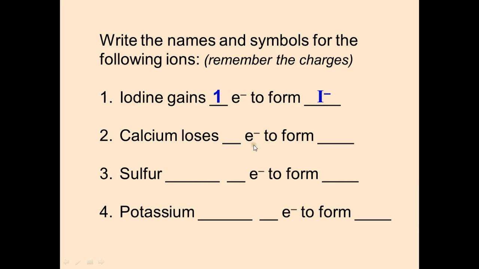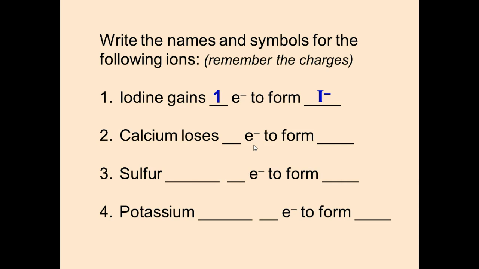Calcium loses blank electrons to form blank. Calcium is in group 2A, and if you're in group 2A, you have 2 valence electrons. So is it easier for calcium to gain 6 electrons or lose 2? Well, it's easy for calcium to just lose 2 instead of gaining 6.